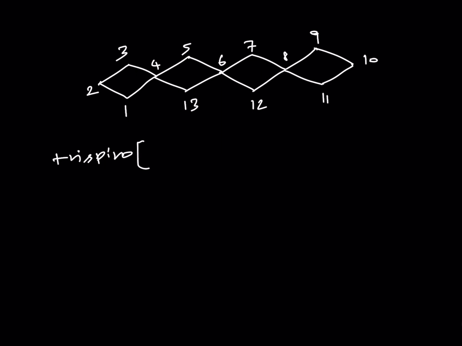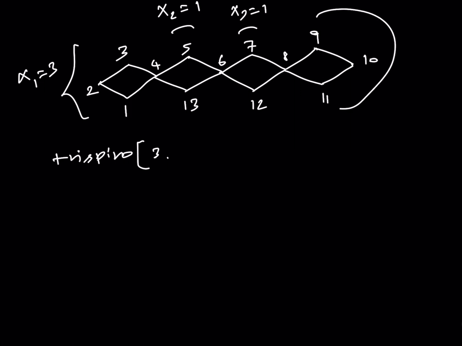So, directly Trispiro, and then the value of x1. This is our value of x1, these 3 carbons 1, 2, 3, and then this is the value of x2, that is 1, value of x3 1, and then the value of y1 3, value of y2 1, value of y3 1.